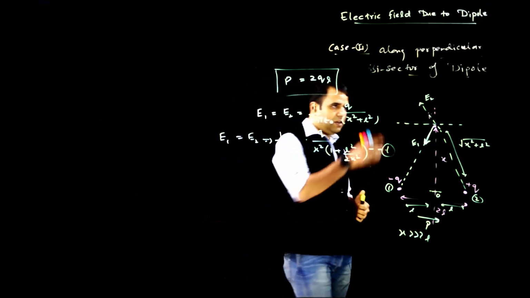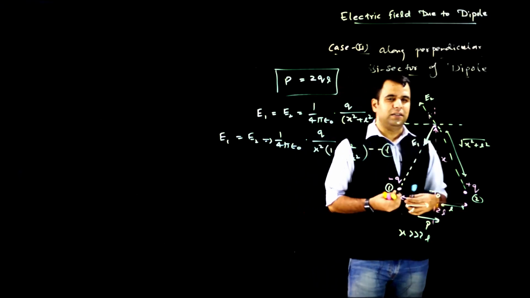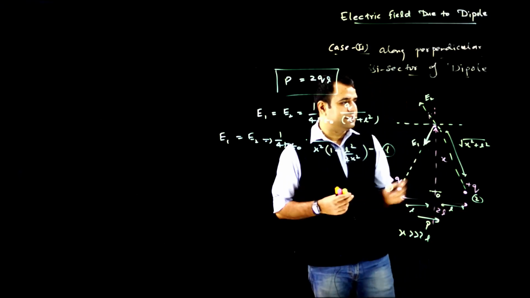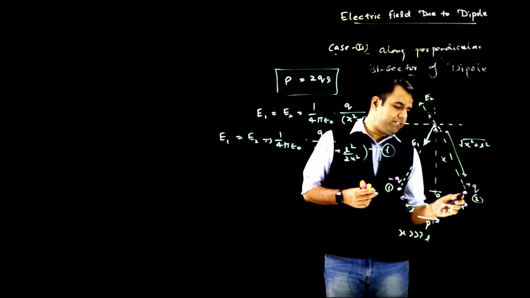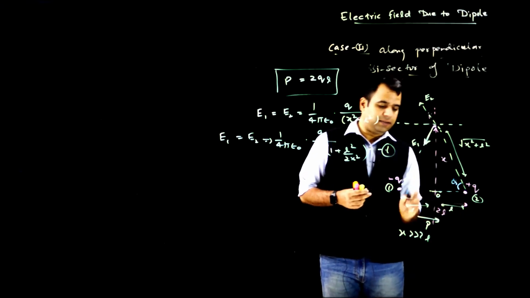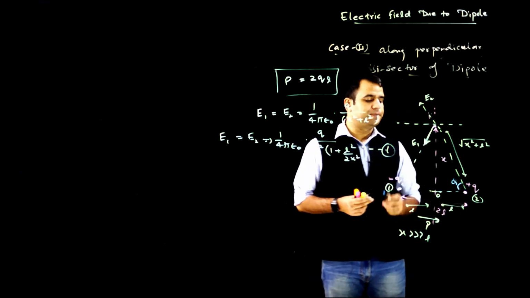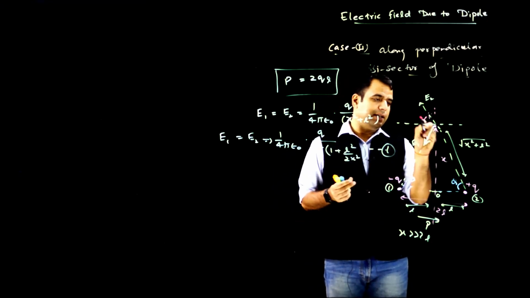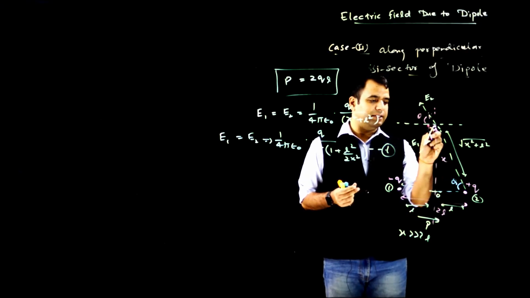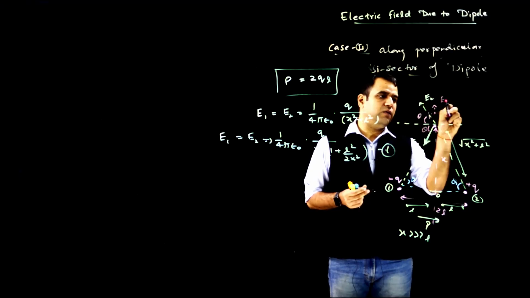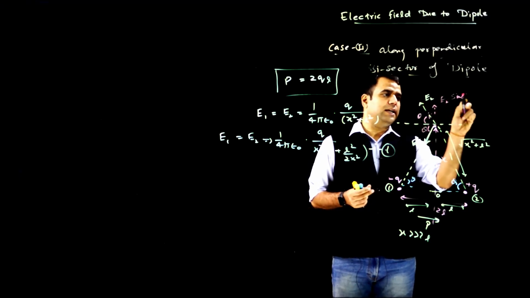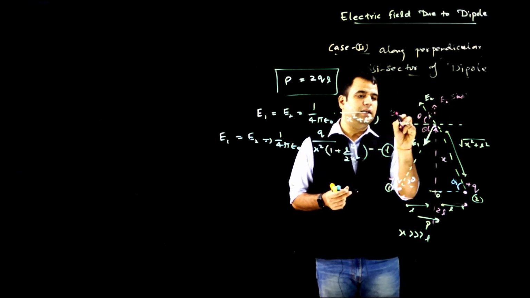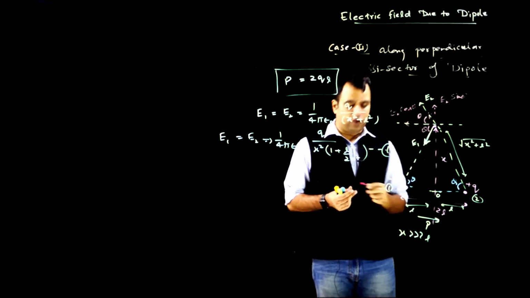Now let's see this E1 and E2. If you take the vector summation, it's better to take the components first. So if this angle is theta, this angle will also be theta. And since these two angles are the same, if I take the component of E2, it will be E2 sine theta in the vertical direction and E2 cos theta along the horizontal.